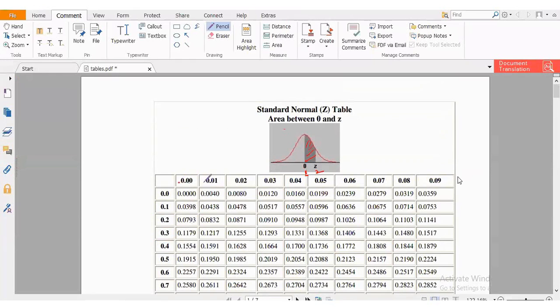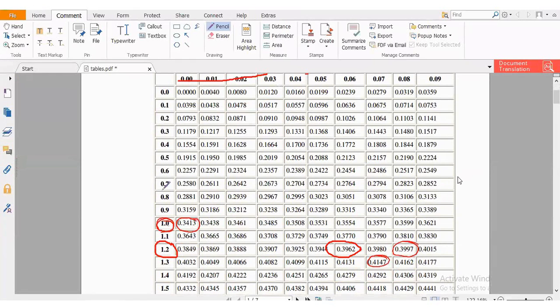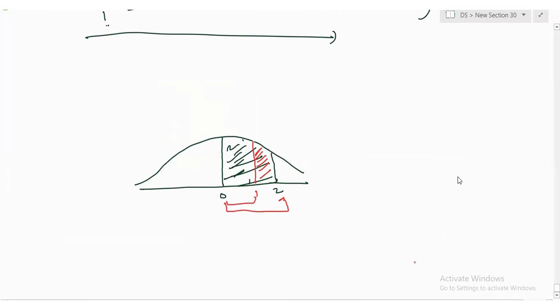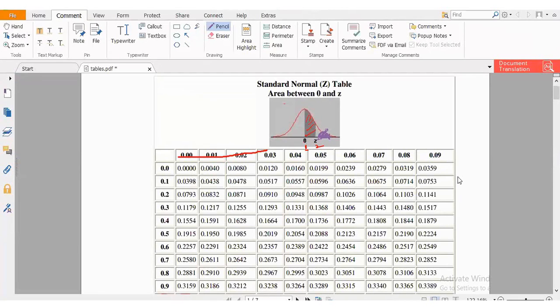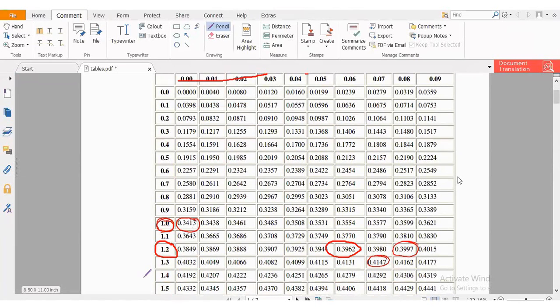Here some decimal values are there, and here some numbers are there. How are we going to look at it? For example, if I want to find out the area from 0 to 1.23, how am I going to find it? First, this table is going to give 0 to 1.23. Now come to this side. In 1.23, what is the maximum value I can see here? 1.2, yes or no?